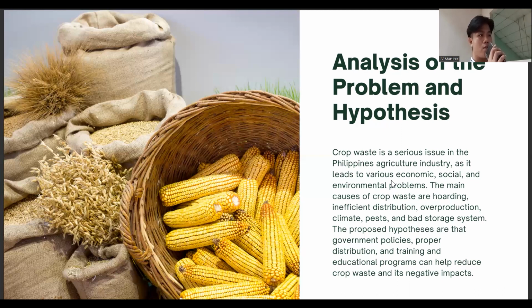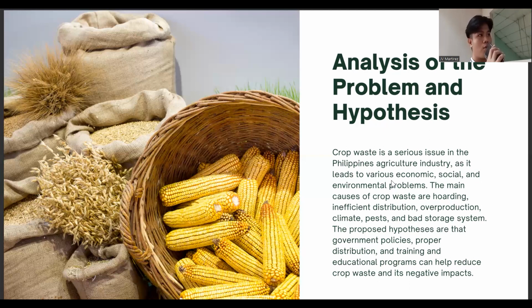This can result in excess supply or spoilage of crops in storage facilities or markets. Inefficient distribution is the lack of coordination or infrastructure to transport and deliver agricultural products from farms to customers. This can cause delays, damages, or losses of crops along the supply chain.